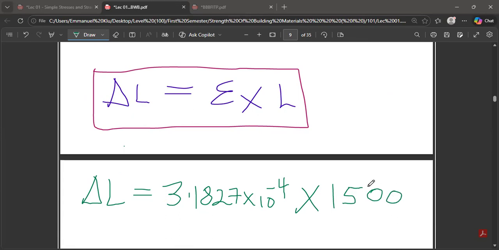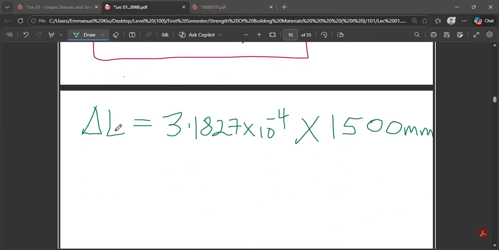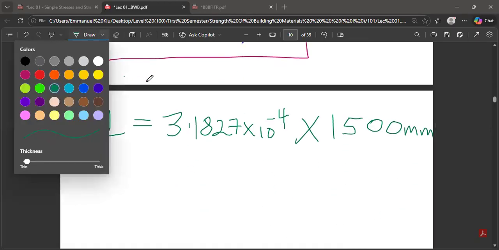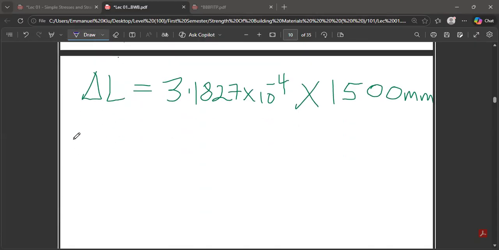So you see that we are calculating for the strain in the material. It is just because of this guy that even change in length is having the unit. If not, that change in length may not have had a unit. Okay, strain has no unit. So once it's going to multiply someone with a unit, it just adopts that unit. Good.